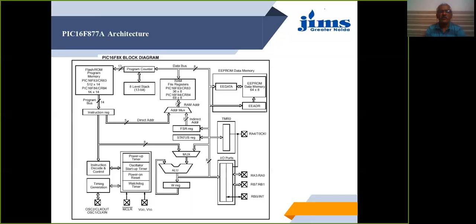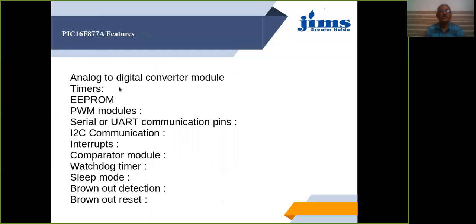Now let's look at some of the basic features which are specific to the PIC16F877 microcontroller. This series of controller has one A to D converter with a resolution of 10 bits. It has 4 timers, timer 0, timer 1, timer 2, timer 3. Timer 0 and timer 2 can operate as 8-bit timers. They can also be used as counters, whereas timer 1 and timer 3 can be used as 16-bit timers and counters.